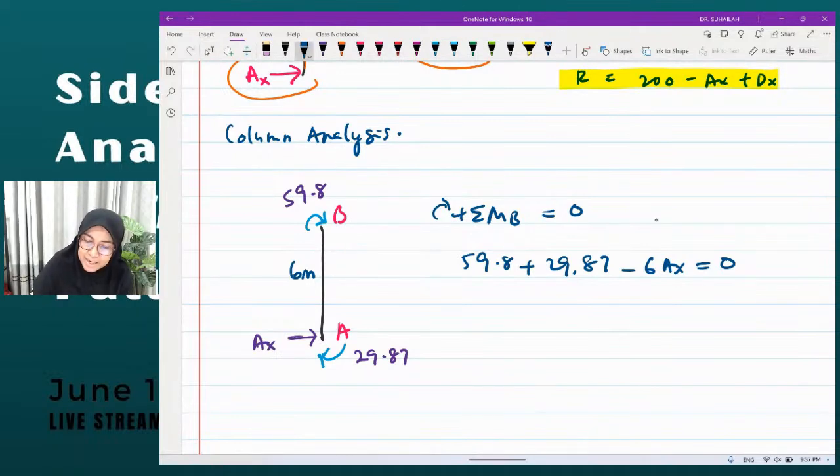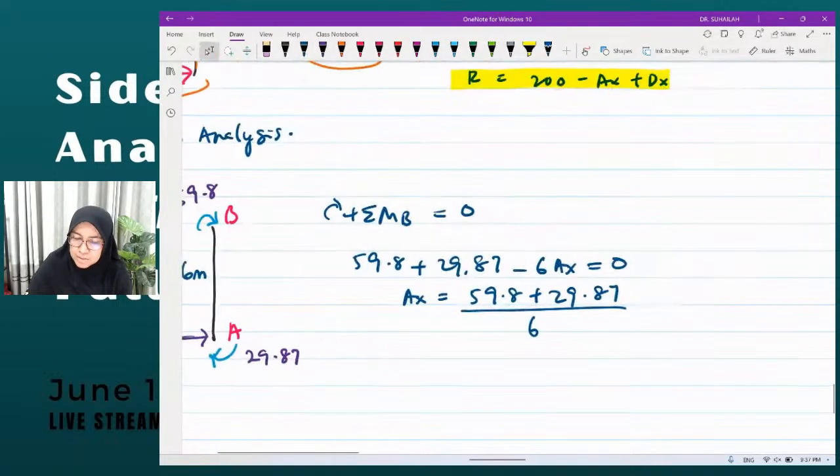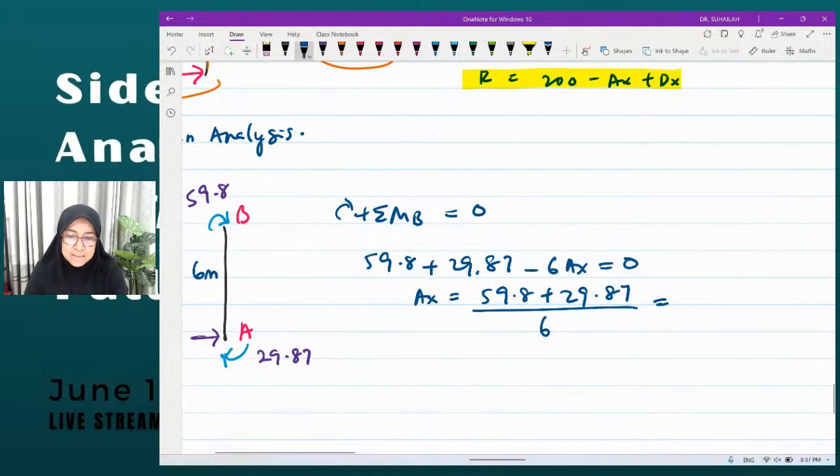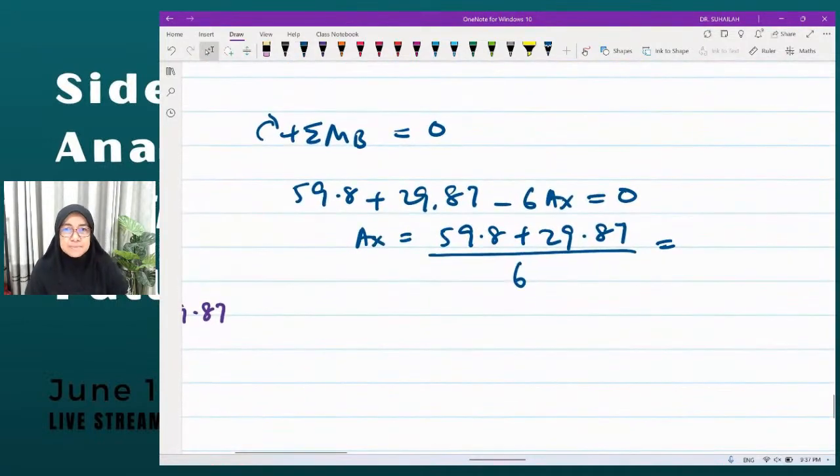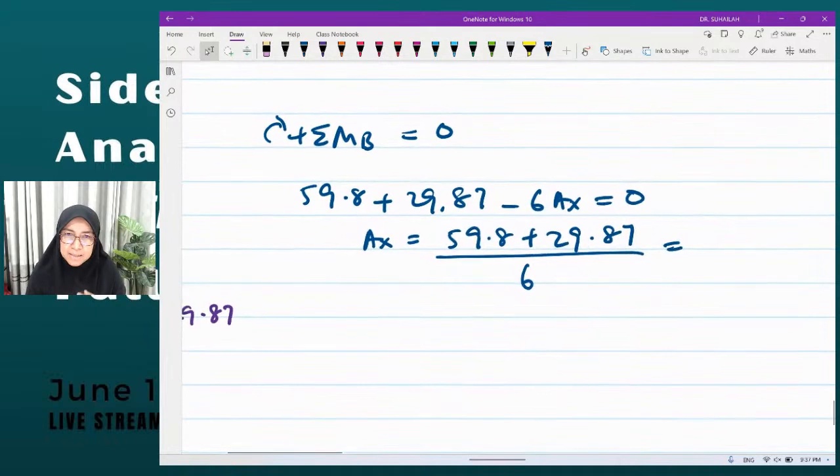Then we get AX equal to 59.8 plus 29.87 divided by 6. This AX we will substitute into the shear equation. Then to calculate DX, we analyze member CD, and we will substitute it into the shear equation as well.